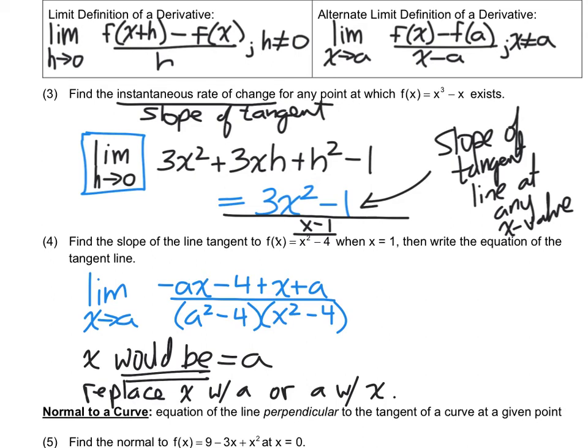So we'll come up with a function here. I'm replacing every single a with an x. So negative x times x minus 4 plus x plus x, all right.